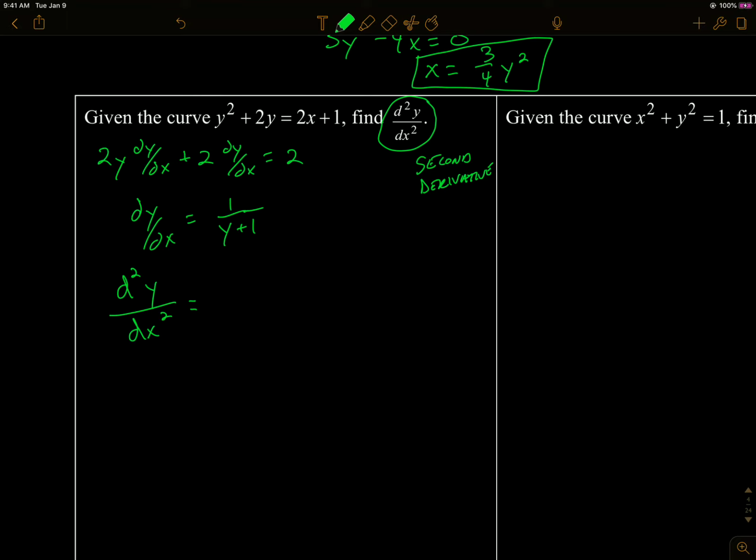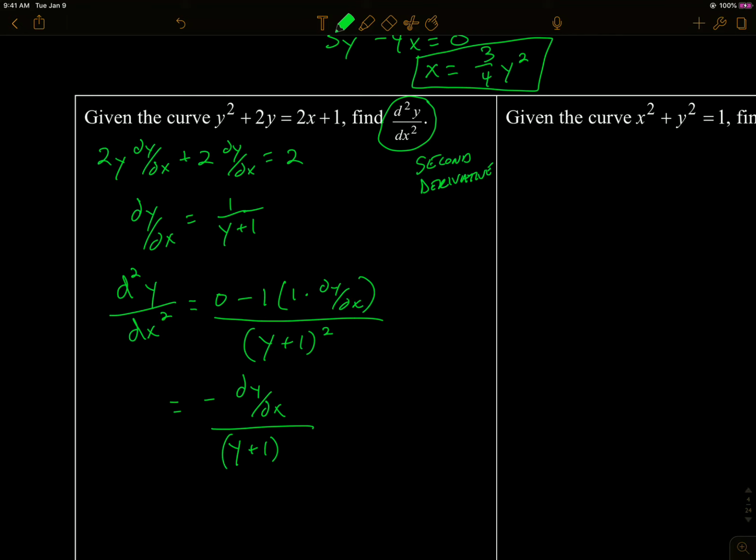So let's do it. It's going to be quotient rule. So it's the derivative of the numerator, which is 0, times the denominator, which doesn't matter because it's 0, minus, recopy the numerator, times the derivative of the denominator. So that's going to be 1 times dy/dx, all over the denominator squared. So we'll rewrite this as negative dy/dx over y plus 1 squared.